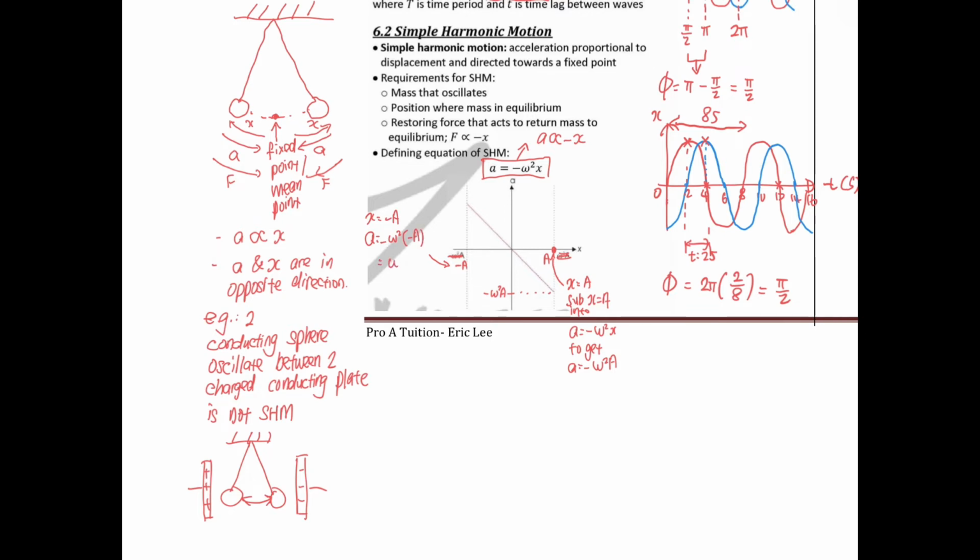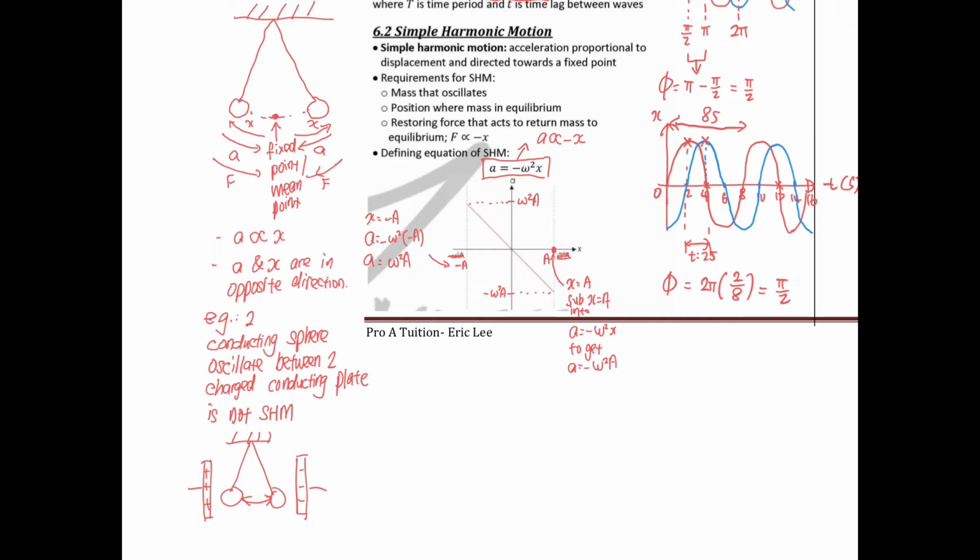The negatives cancel off, and omega square a is the final value. So this value, which is a positive value, should be positive omega square a. That is how we understand the graph.